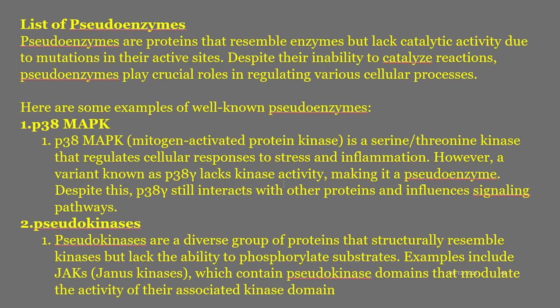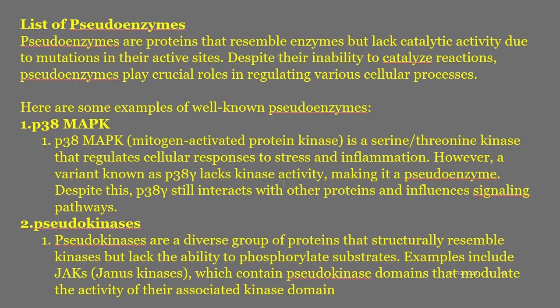Another name is pseudokinase. Pseudokinases are a diverse group of proteins that structurally resemble kinases, like ATP kinase, which you know very well. But here we are dealing with pseudokinases, which lack the ability to phosphorylate substrates.